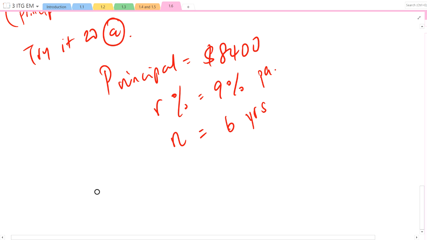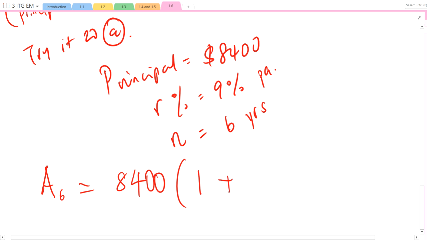If I just want the interest, I need to remove the principal. So let me just write out A_n. In this case, n is 6. So this is the total amount after 6 years. I have 8,400 multiplied by 1 plus interest rate 9 over 100 to the power of 6.